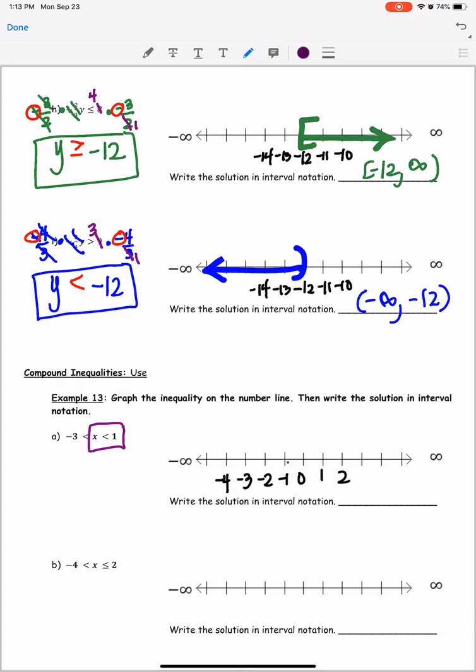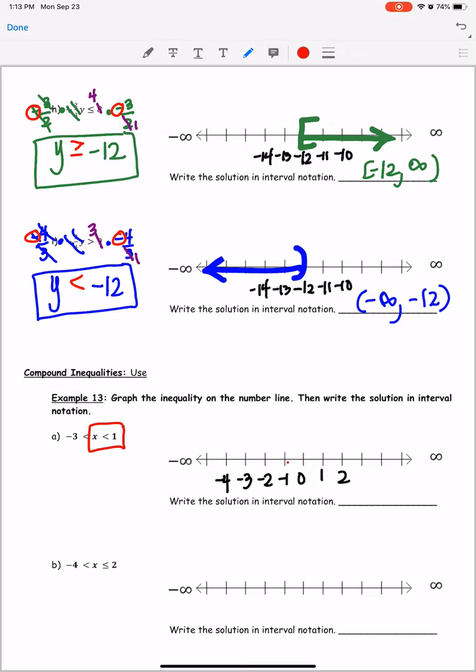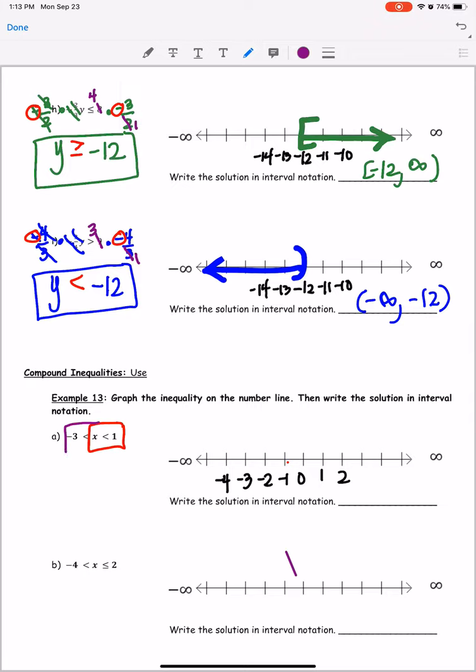My problem is that this one here is now flipped. So this would be x greater than negative 3; flip this symbol to go this way here.